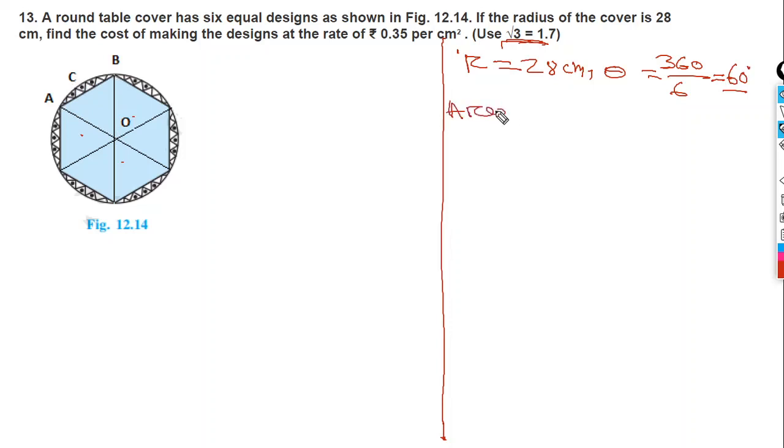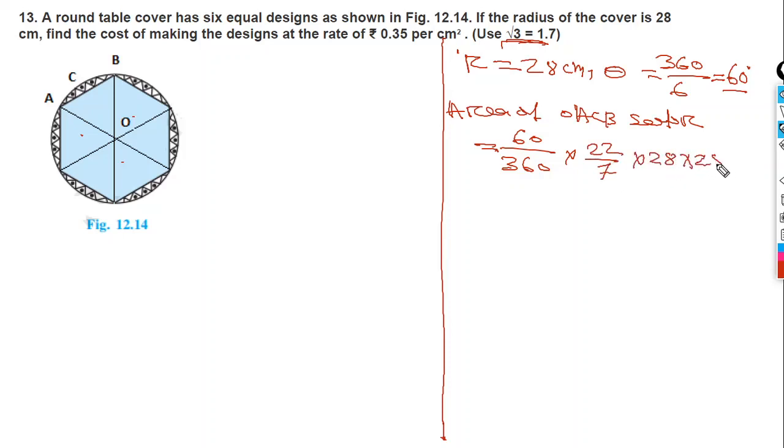Area of OACB sector equals theta by 360, theta is 60 divided by 360, into pi r square. Pi is not given, so pi will be 22 by 7 into r square, r is 28 into 28. So then we can cancel it. 6 6s are 36.